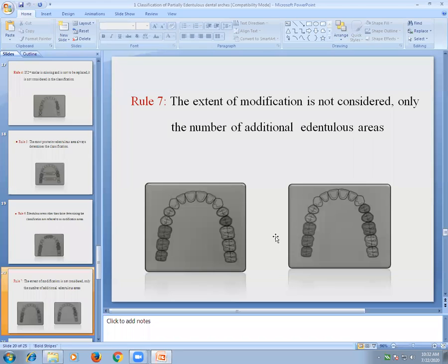Here this is one edentulous area, that is one modification. This is also one modification. Although three teeth are missing here, it comes as only one modification area, not one, two, three. This also comes as one modification. Class 2 modification 1. In this diagram also, class 2 modification 1.